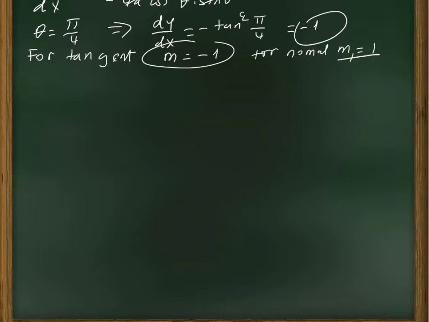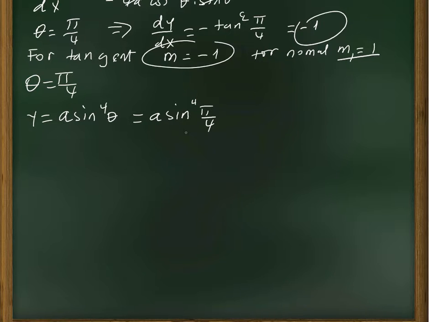At theta equal to pi over 4, what we have for y, from the original equation, y is equal to a sine theta to the power of 4, so that is equal to a times sine of pi over 4 to the power of 4.